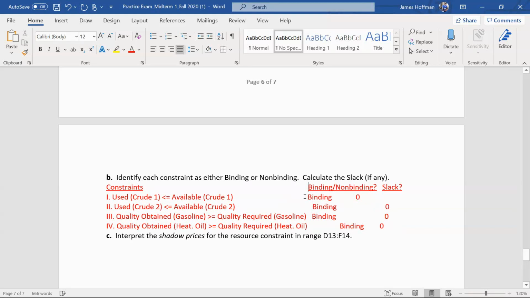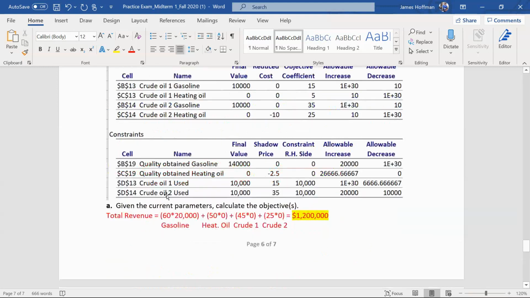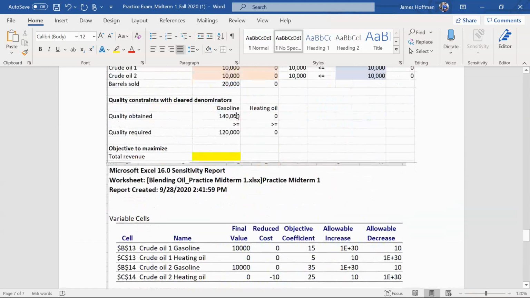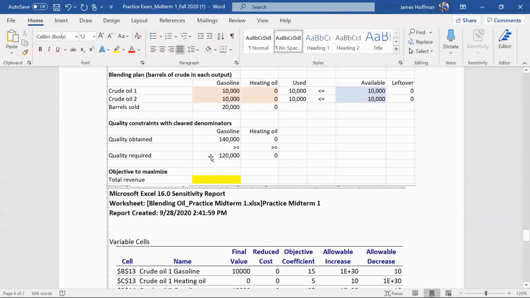So, I'm a little confused. Why is the quality required binding? So that one's binding, let's go back to that one. This one's binding because it's only non-binding if we didn't use all of it. So this is a quality constraint. This one's kind of weird because it's rare that this side is bigger than this.